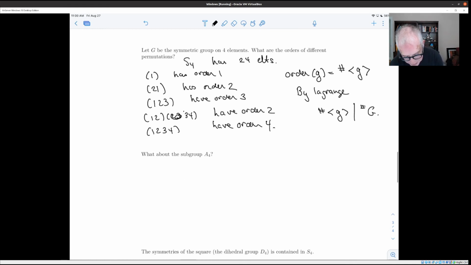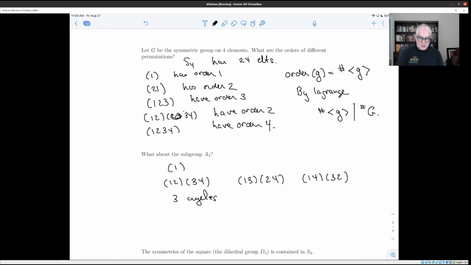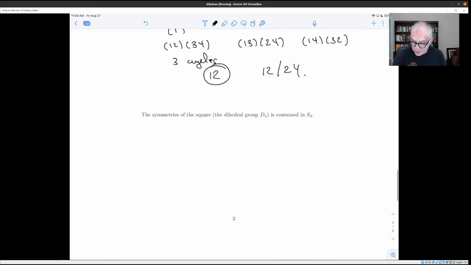And the even permutations consist of the identity element, the products of disjoint transpositions, of which there are 3, and the 3 cycles, and this group altogether turned out to have 12 elements, and 12 is a divisor of 24, so that's consistent with Lagrange's theorem.